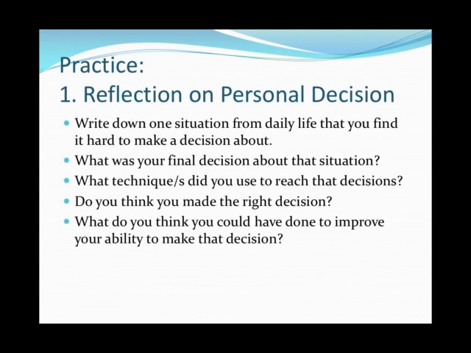Now this is your homework, so you can email me this or send this to me through Microsoft Teams. I want you to write down a situation from your life that you find hard to make a decision about. It can be anything.